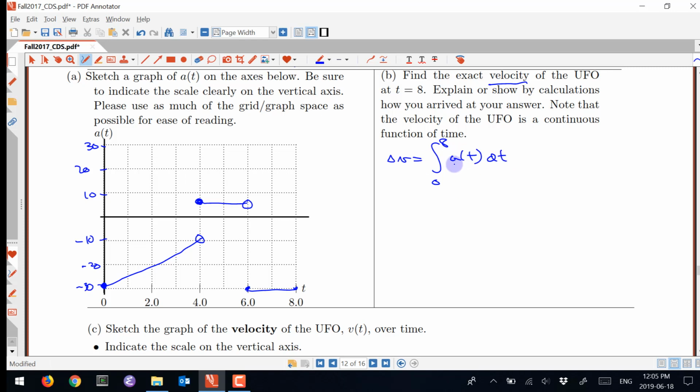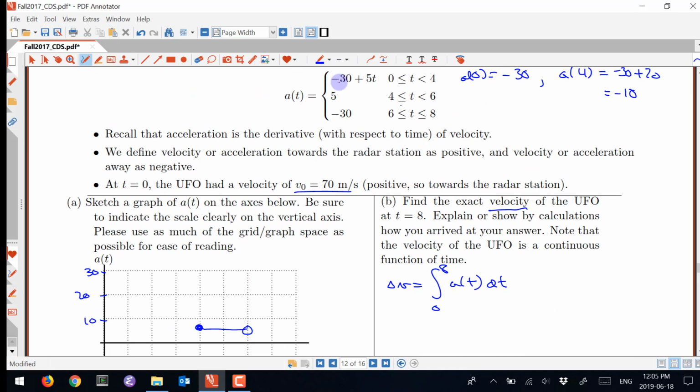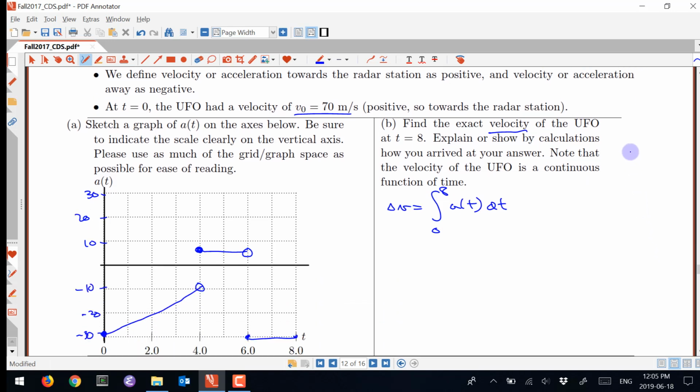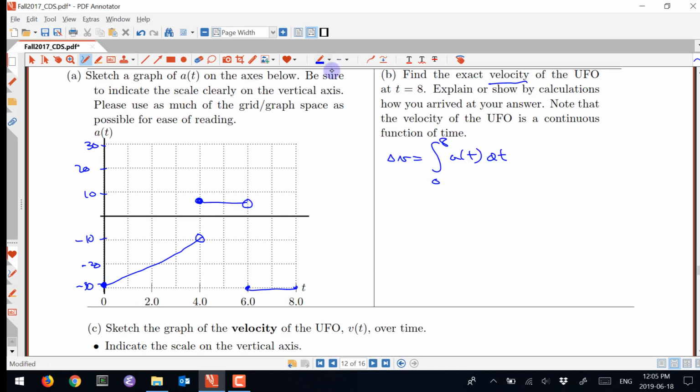Now we can do this with formulas. We can actually go and integrate this interval and this interval and this interval. But given what we actually have in the scenario, we've already drawn a picture, and we can see that the integral is more easily calculated using areas. We can simply write out some rectangles here, for instance. Notice that this rectangle is 2 seconds by 5 meters per second squared.